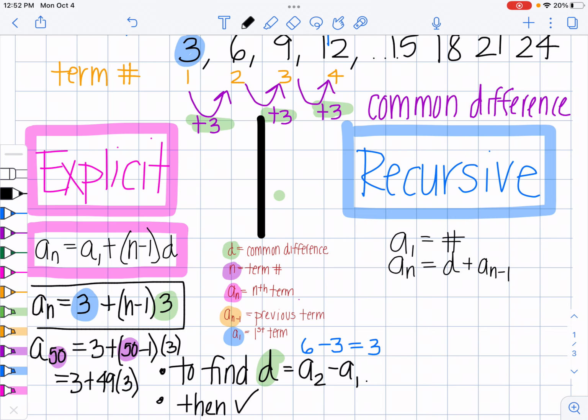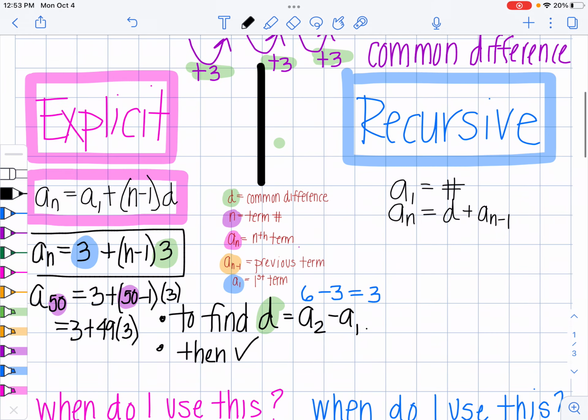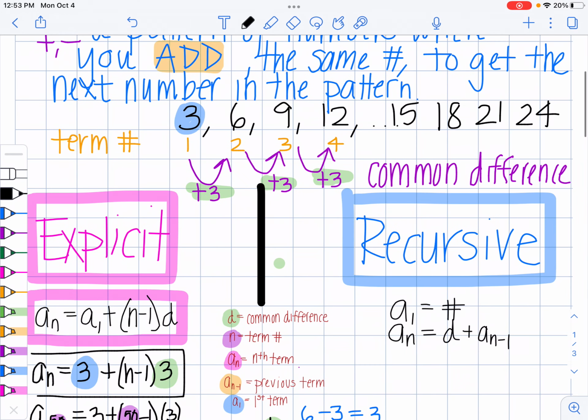I would use a calculator if I needed to multiply 49 times 3. That gives me 147, so it equals 3 plus 147, which adds together to equal 150. So my 50th term, if I kept going all the way in my pattern up here, would get me to 150.